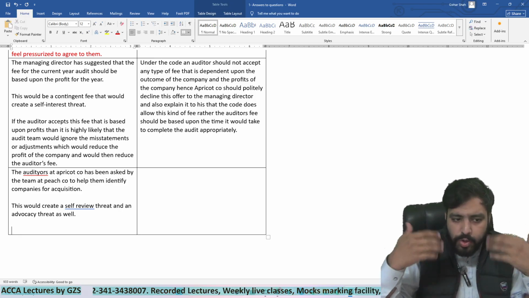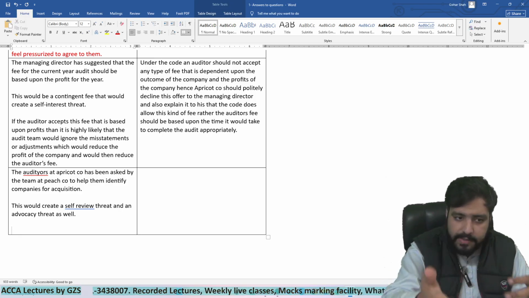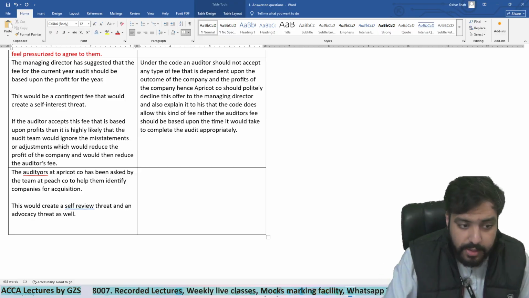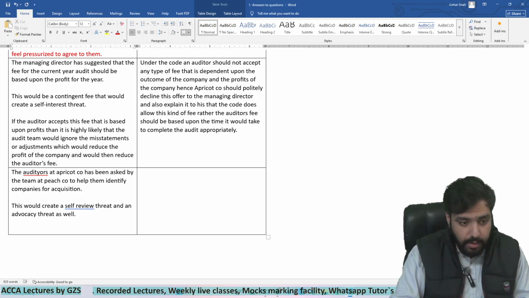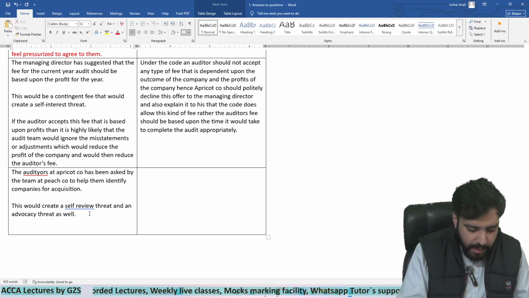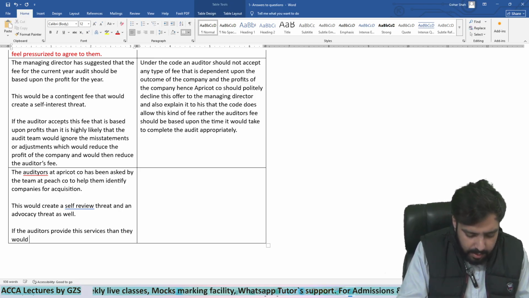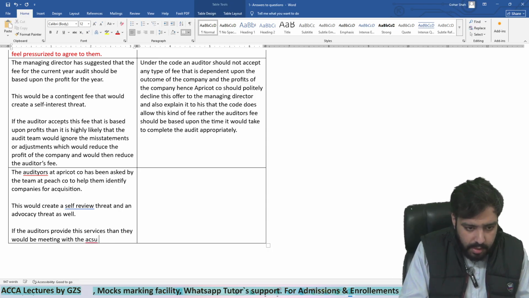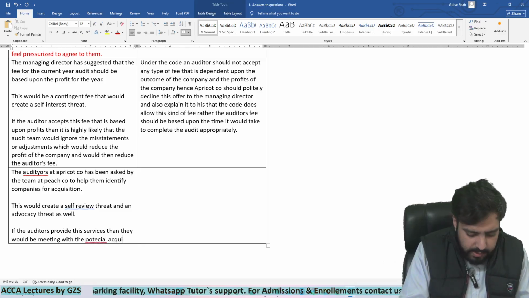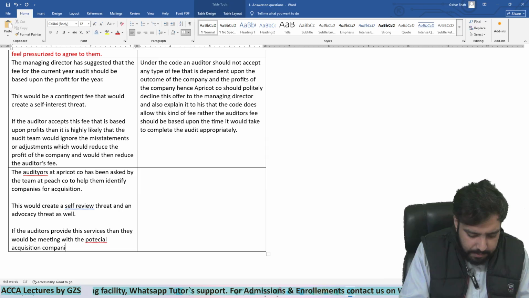So you also know how to explain two things at the same time within the exam, if you want to do it, because you think it would be beneficial for you. So let's write it down. Self-review and advocacy. If the auditors provide this service, then they would be meeting with the acquisition targets, potential acquisition companies.